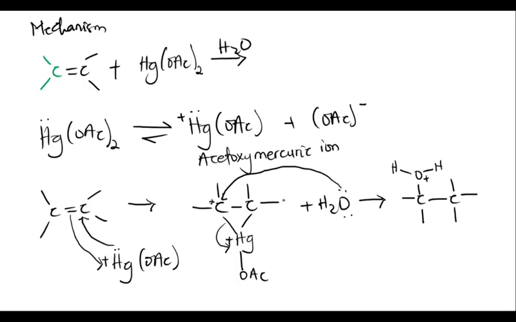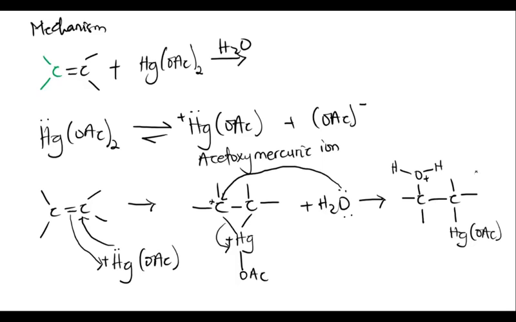Then the mercuric group, that is this OAc, will not be attached to this side of the carbon. So already we can see that even though we have this form over here, the OH that we are forming, the potential OH, is at the other side of the alkene, and then the mercuric group is also at the opposite side of the alkene.